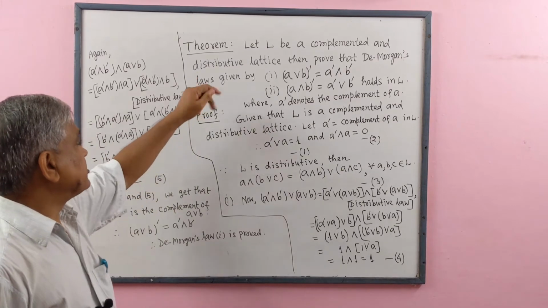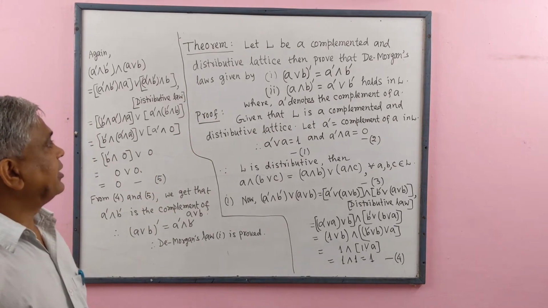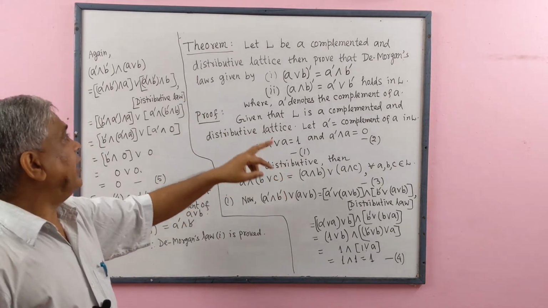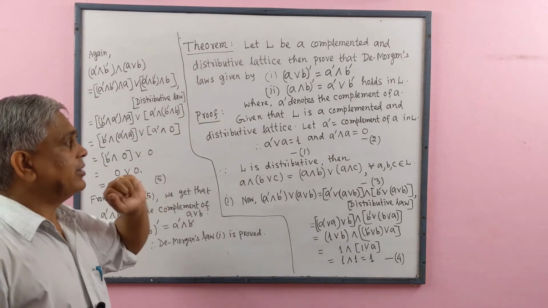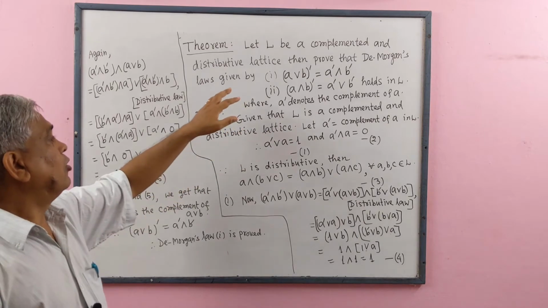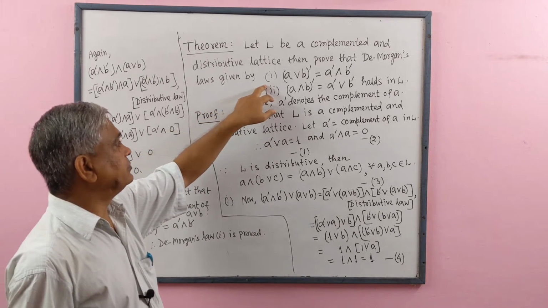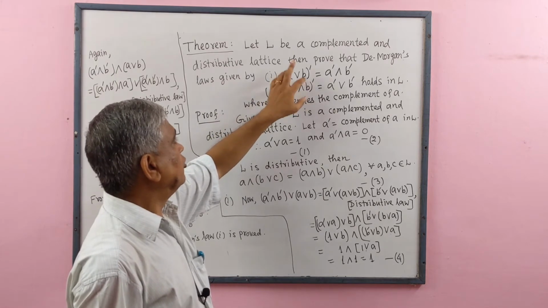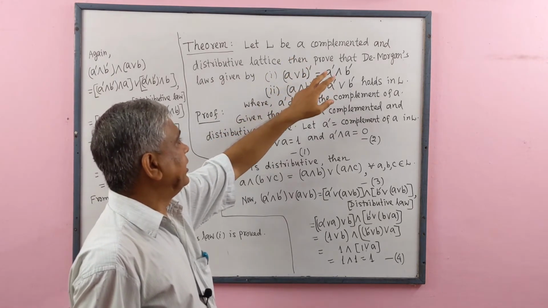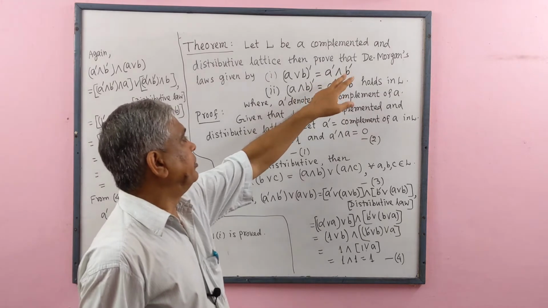Now we prove the next theorem. Let L be a complemented and distributive lattice. Then prove that De Morgan's law holds. Number 1: (A join B) whole prime equal to A prime meet B prime.